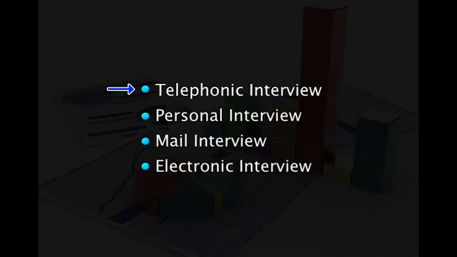Human biases of the respondents, that is, ego, also get in the way to some extent. There are techniques of survey methods. Let us see what they are. First is the telephonic interview, then personal interview, mail interview and electronic interview.